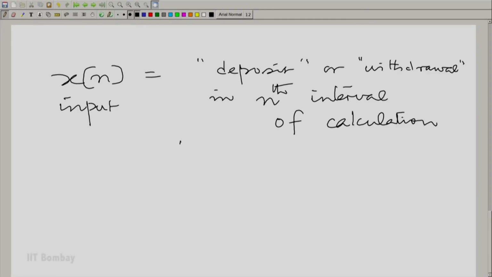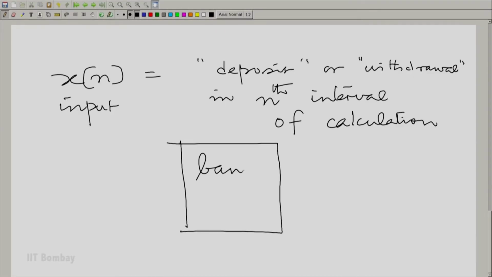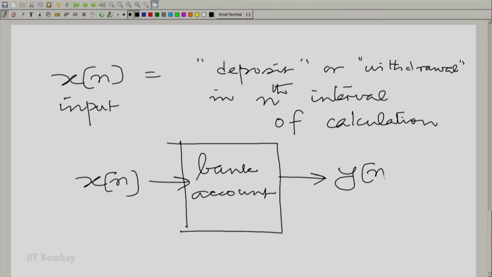So, we have this bank account, we have this x[n], the deposit and withdrawal, collectively in that interval, and y[n] the balance of that interval.